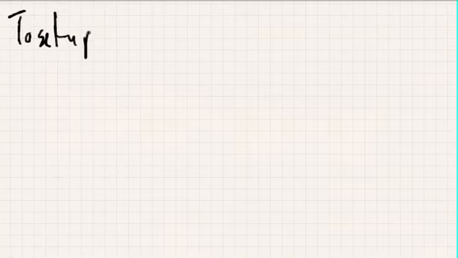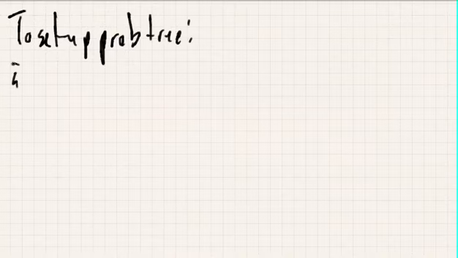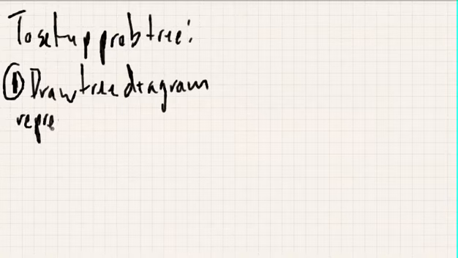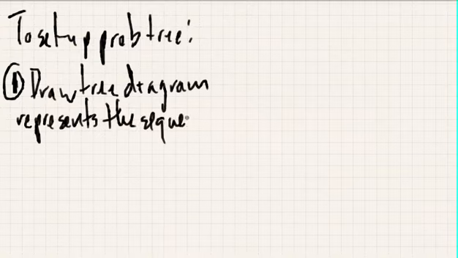Now here's how we set up a probability tree. First, we draw a tree diagram that represents all sequences of outcomes that can happen.